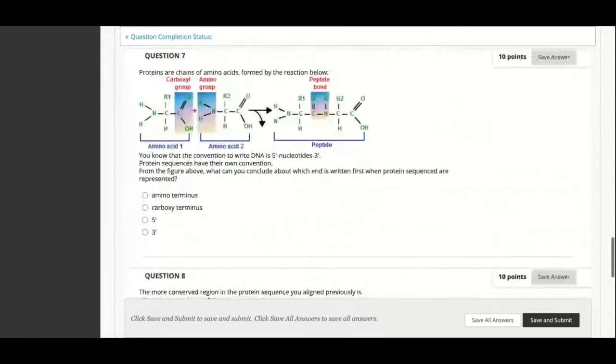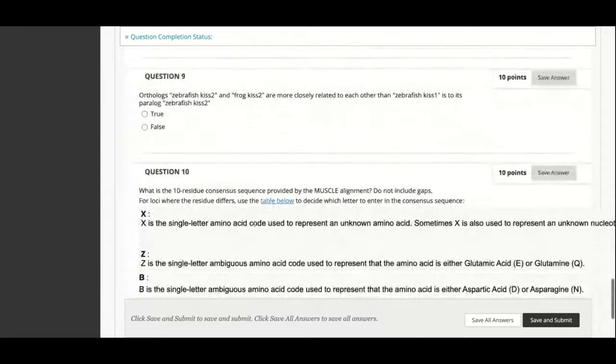But when I say a 10 residue consensus, I just mean a string of 10 amino acids, and the consensus sequence is where they agree. And maybe they don't agree perfectly, but I just wanted to reinforce the idea of consensus.